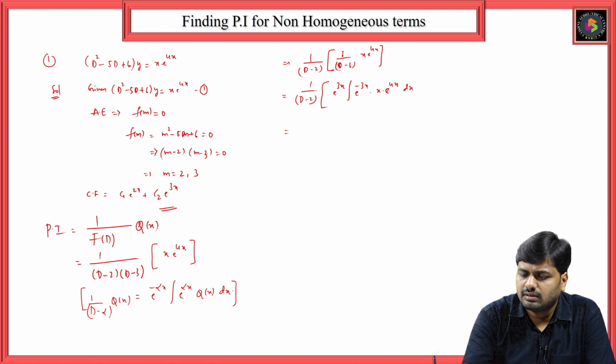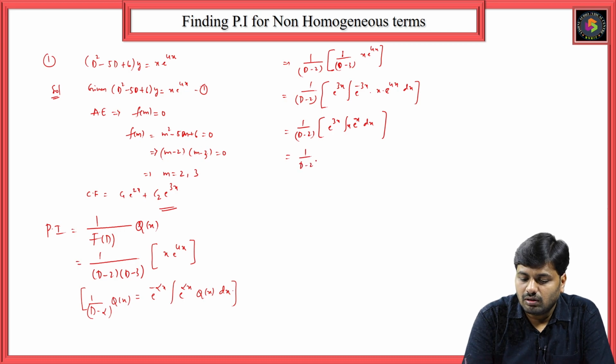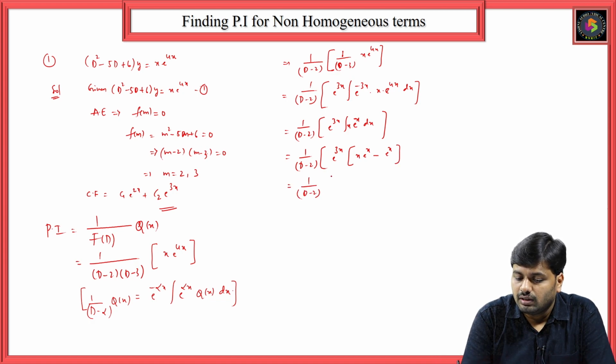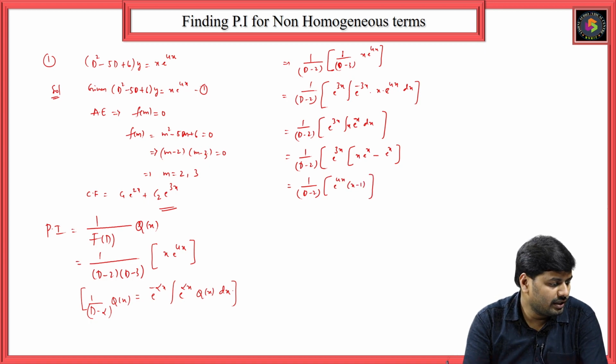Now e power 4x and e power minus 3x give e power x, so 1 by (D minus 2) into e power 3x into integration of x into e power x dx. Now we have to use the UV method of integration by parts. This solution will be x into e power x minus e power x. Taking e power x as common, it is 1 by (D minus 2) of e power 4x into (x minus 1). Now we have to solve this.